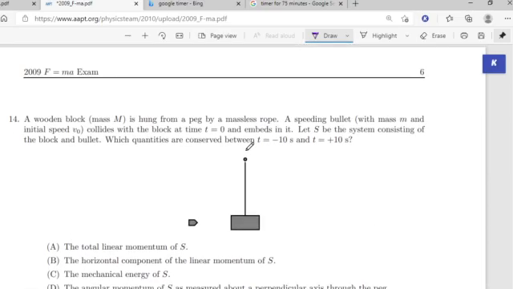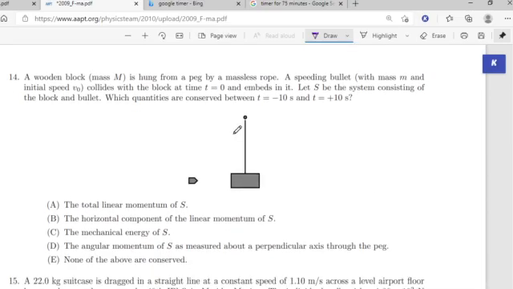A wooden block of mass M is pegged, a speeding bullet with mass m at initial speed v naught collides with the block at time t equals 0 and embeds in it. For the system consisting of the block and bullet, which quantities are conserved between -10 and 10 seconds?